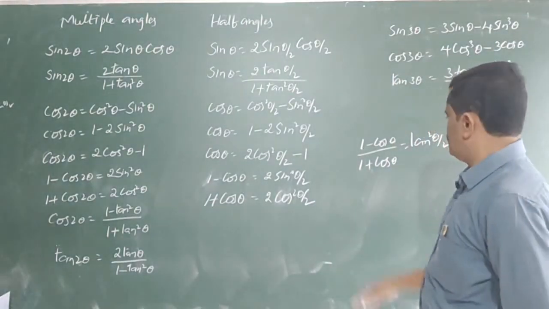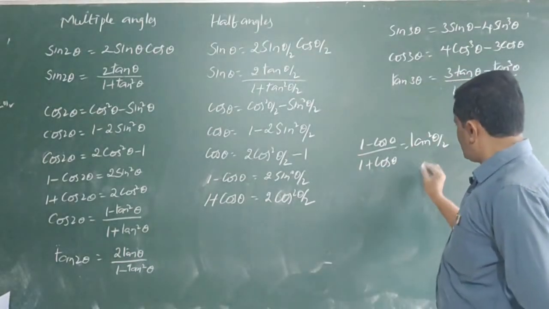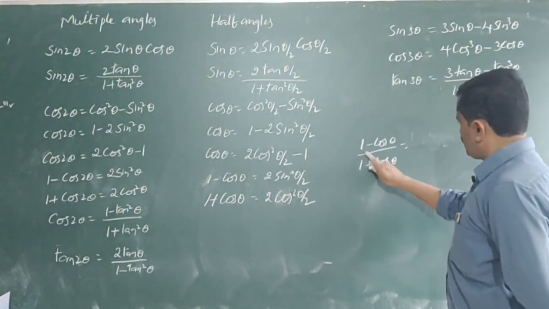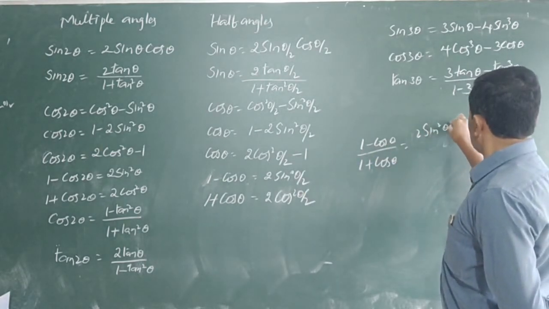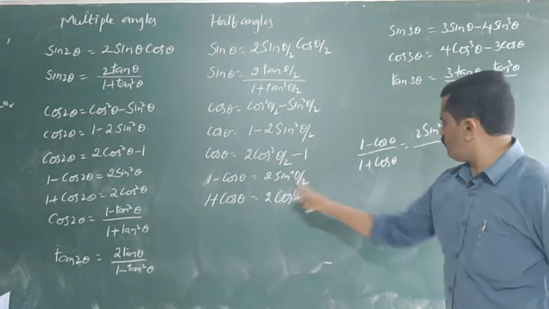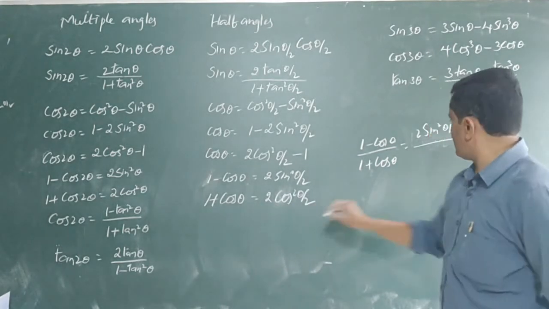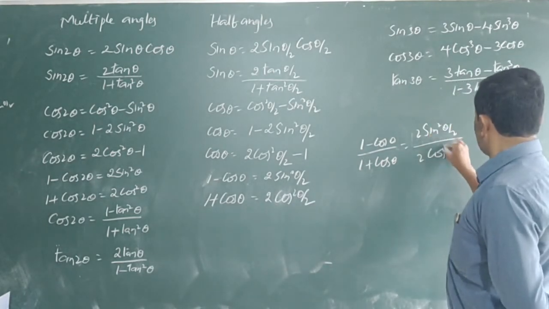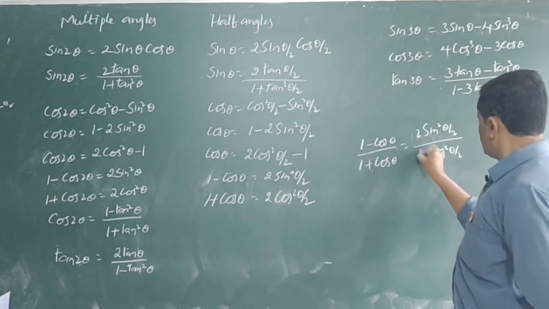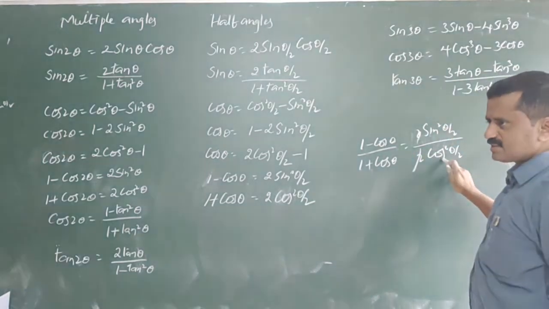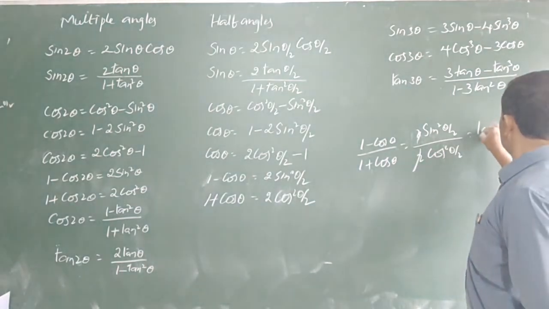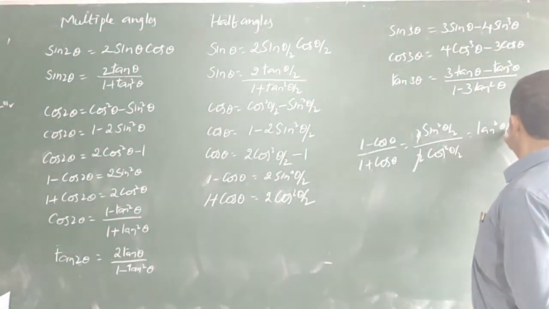If you want simplification, I'll express this. What is 1 minus cos theta? We have 2 sin square theta by 2. What is 1 plus cos theta? We have 2 cos square theta by 2. The 2s get cancelled. What is sin by cos? Tan, that is equal to tan square theta by 2.